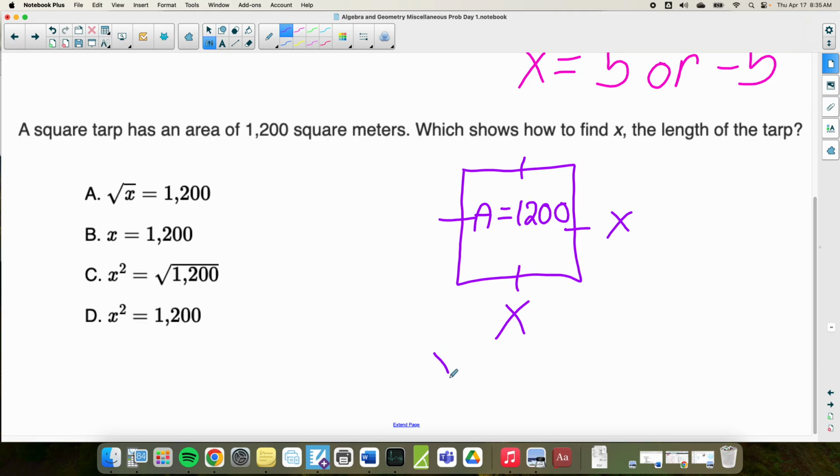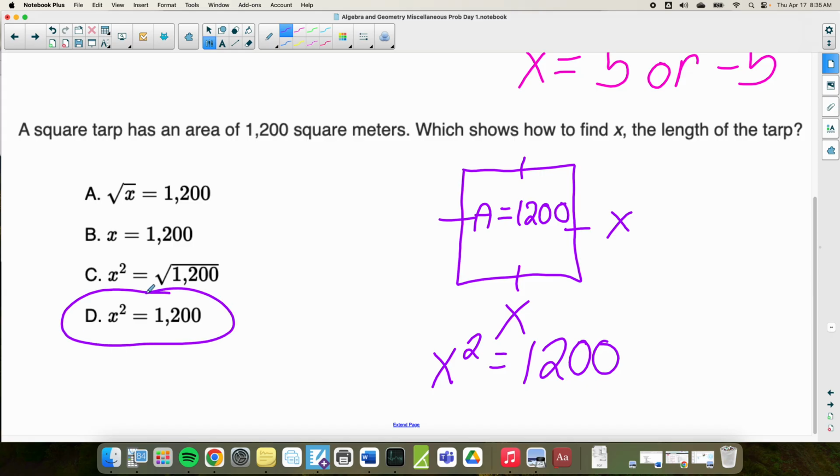So that would be x times x, which is x squared, that's the area, and it would equal 1200, and then you would solve that. Okay, so our answer for this would be that one.